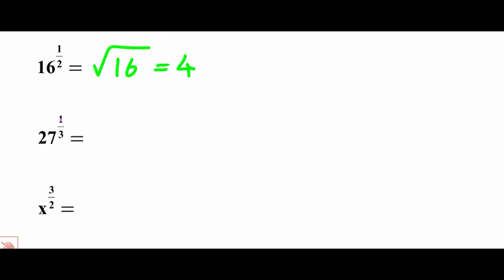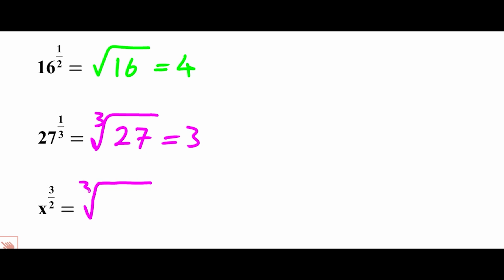Or 27 to the power of 1 over 3 equals the cube root of 27, which equals 3. Or x to the power of 3 over 2 equals the square root of x cubed.